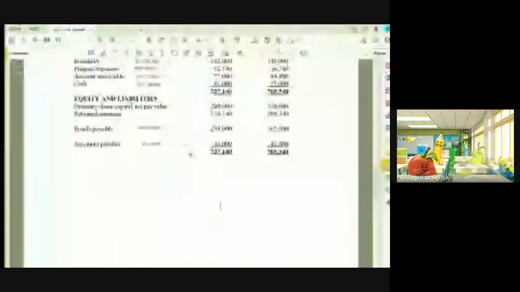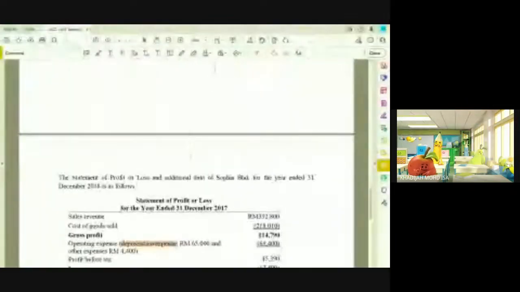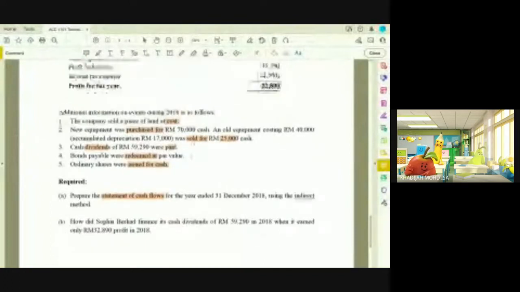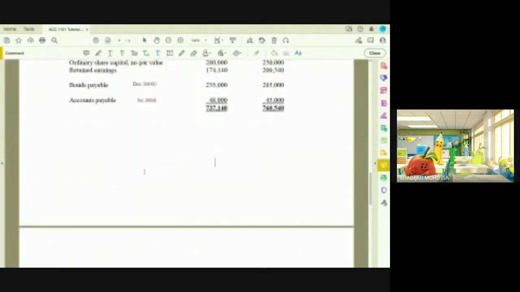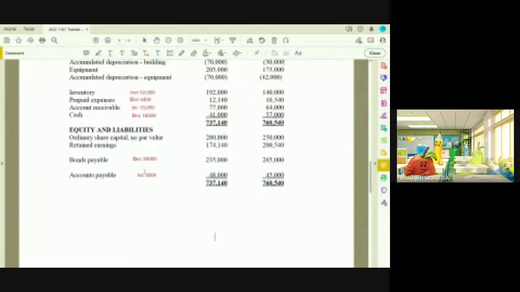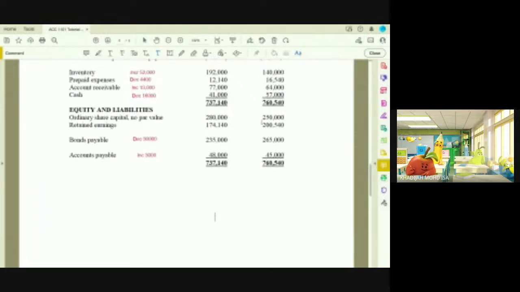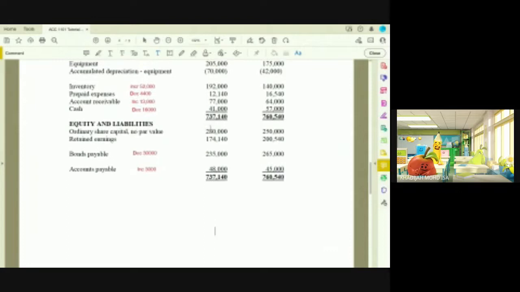All right. And finally, you do have an issuance of shares for cash. Ordinary shares were issued for cash. So how much is issued? You have to look at the changes here. Where's your ordinary shares? Initially it was 250,000. At the end of 2018, it became 280,000.